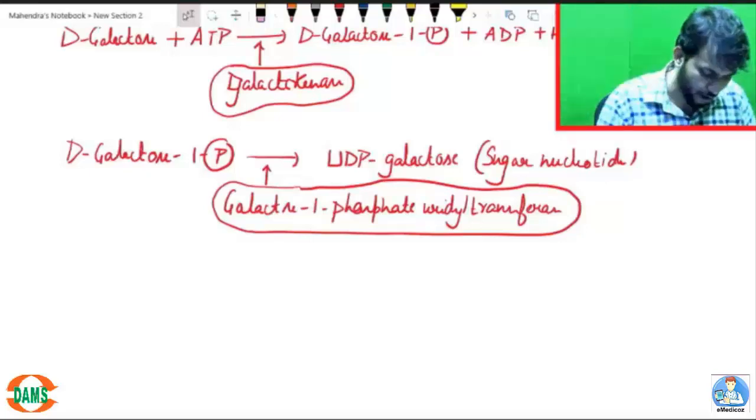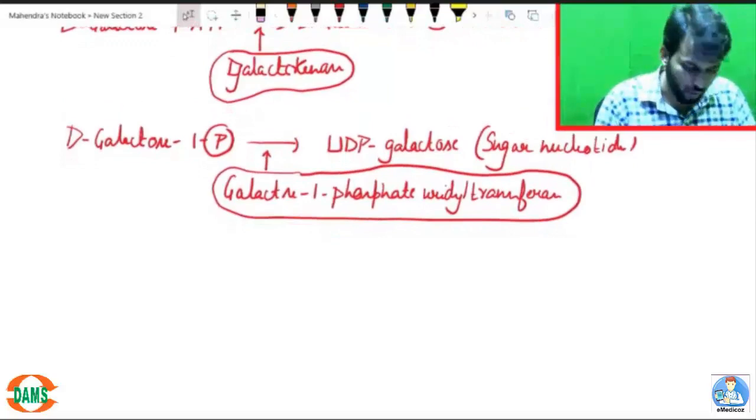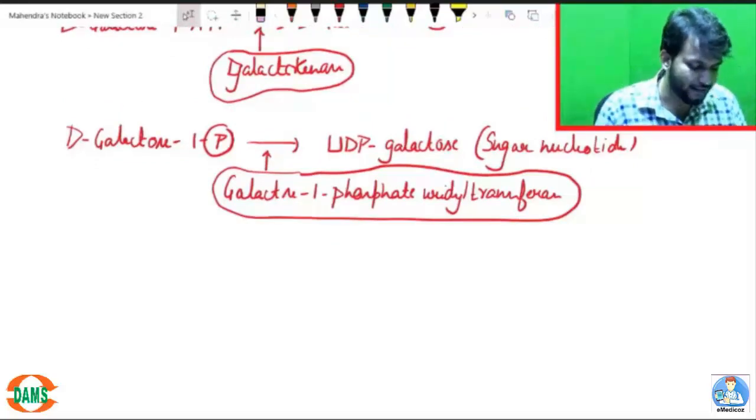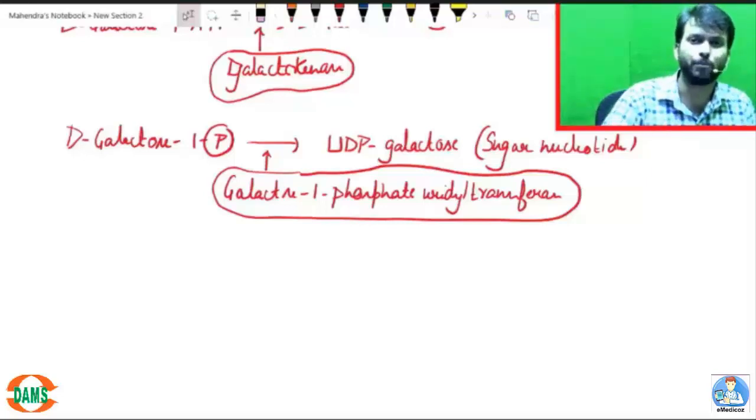So this is the enzyme which is going to act for the conversion of galactose 1-phosphate to UDP galactose. Now there is production of another molecule on the side, which is glucose 1-phosphate, by consumption of UDP glucose.